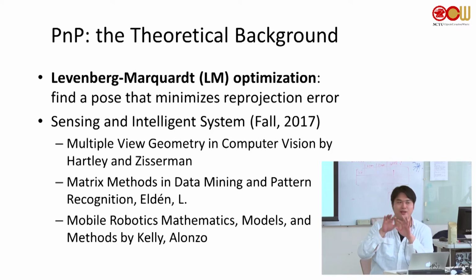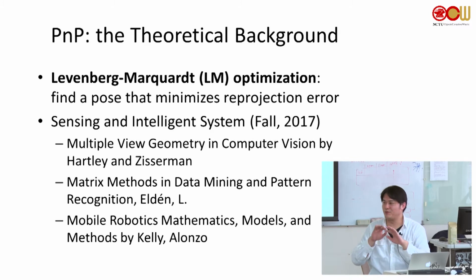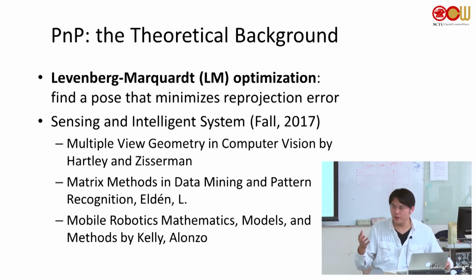Because we need to make some significant differentiation between this class and the next class. But feel free to get yourself familiar with the LM optimization. Essentially, it helps us to find a pose that minimizes the reprojection errors. Okay, so it's an overdetermined system.